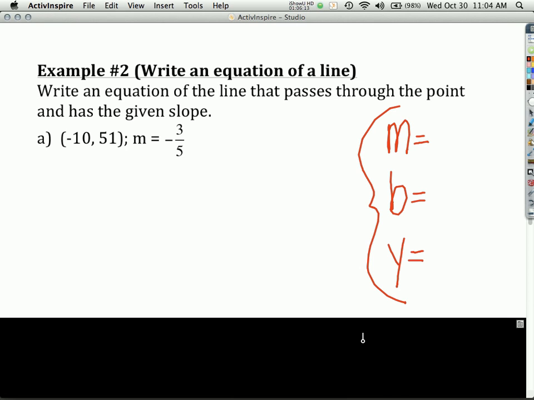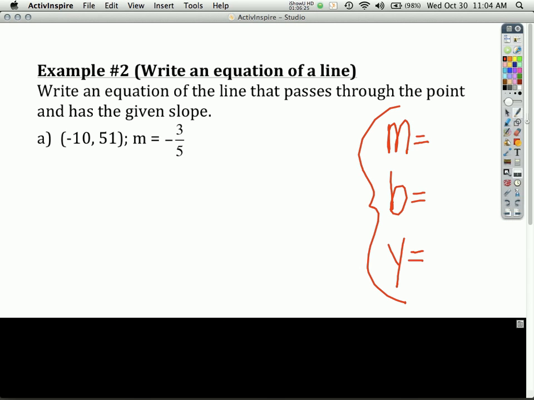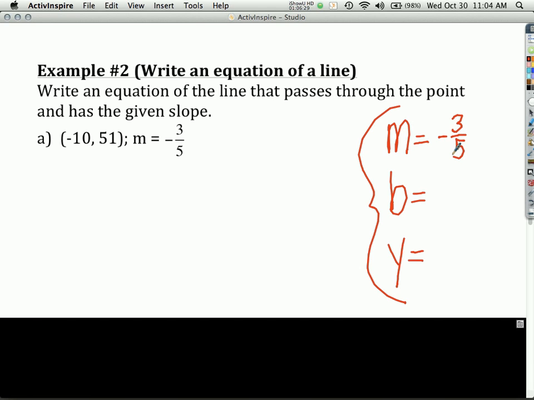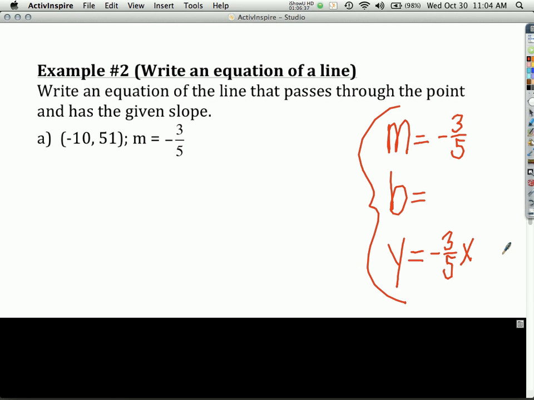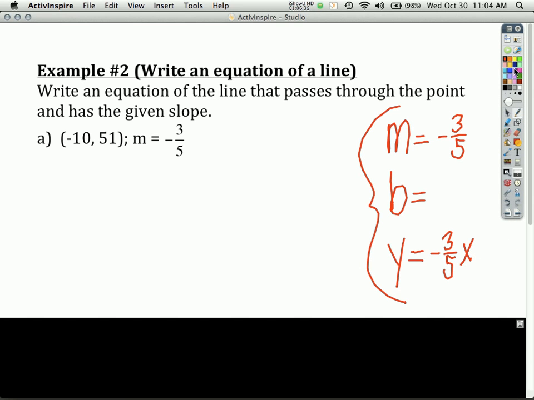We don't have to do step number 1 because it gives you this. That was beautifully said. We just don't have to do step 1. It's the exact same process, but we already have the slope. So we already know m is negative 3/5. Negative 3/5 x plus or minus something. So we just have to do step 2.